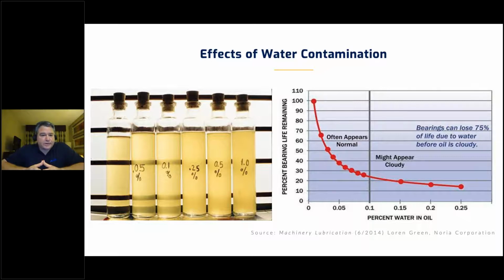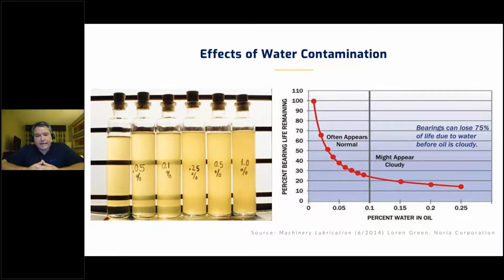Basically, looking from the left to the right with those samples, you can see clean oil that has no trace or just trace amounts of water in the lubricant. At 50 ppm or 0.05%, it starts to become hazy. You can start seeing that the clarity is affected.